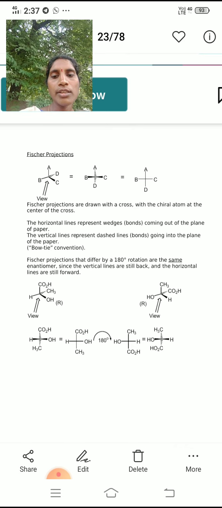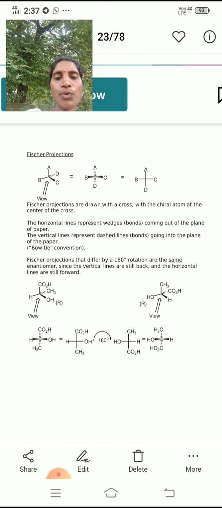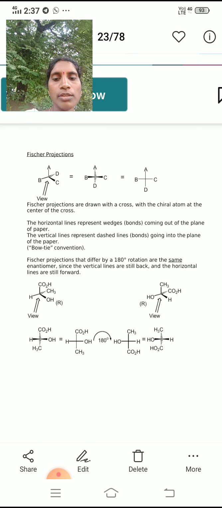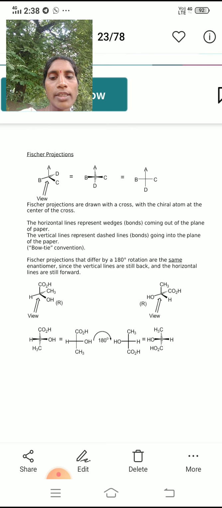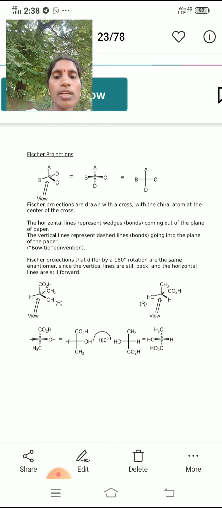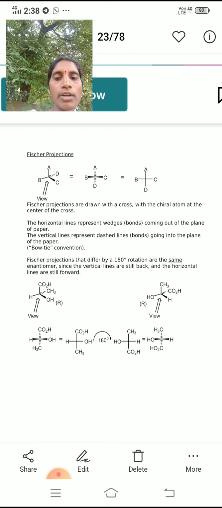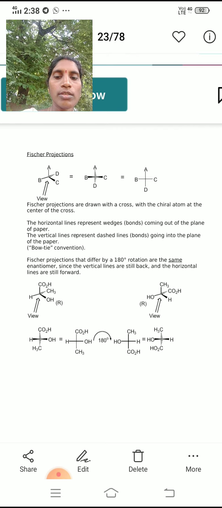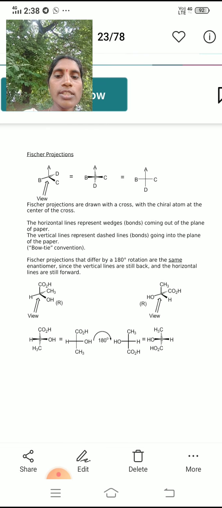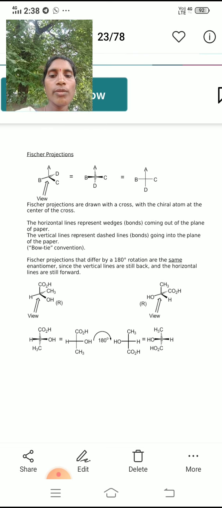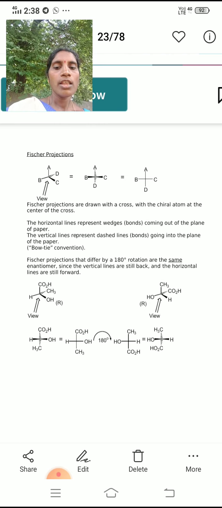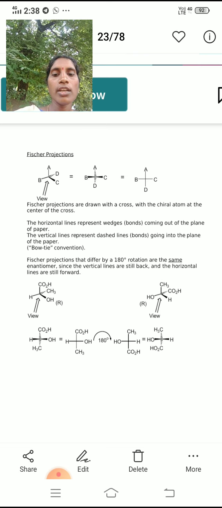Here is the Fischer projection formula of lactic acid. In lactic acid Fischer projections, first the chiral carbon is represented with a cross mark. On the vertical line, the most oxidized group, the carboxylic acid group, is written at the top, and the methyl group is written at the bottom.